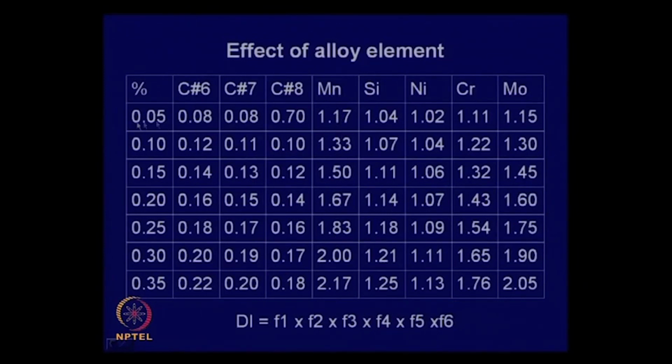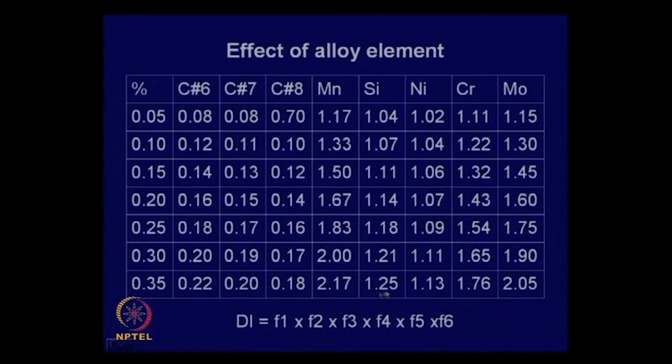If you add 0.05% manganese, the factor by which it increases the hardenability of the steel is 1.15. If it is 0.1, then this factor is 1.33. Likewise, this is for silicon. Compared to silicon, the ability of manganese to increase hardenability is higher.